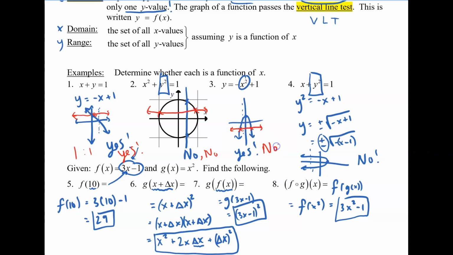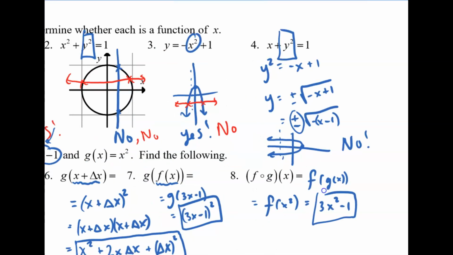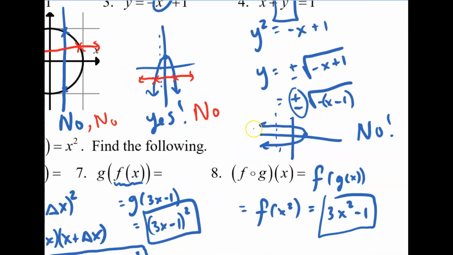So no, this is not one-to-one, does not pass the horizontal line test. In example 4, if I draw a horizontal line through at any point, I pass the horizontal line test. It only intersects at one spot.